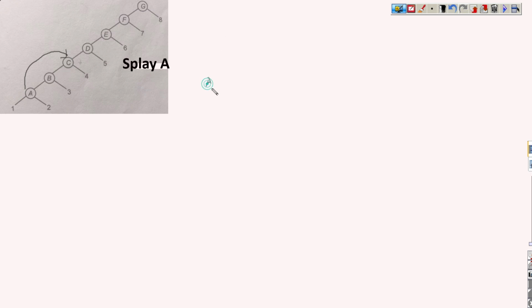We get A, and then B and C, and then here we have 1, and the right of this becomes the left of this, and then we have 4, and the right of B becomes the left of C, and here we have the remaining D, E, F, and G. So D here we have 5, E here we have 6, F we have 7, and this we have 8.